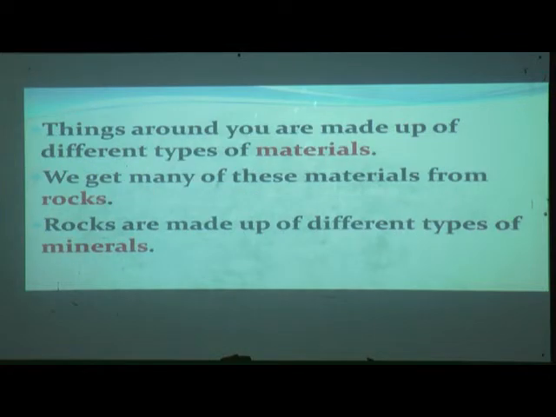Things around you are made up of different types of materials. We get many of these materials from rocks. How do we find these minerals? We get them from rocks or big stones.